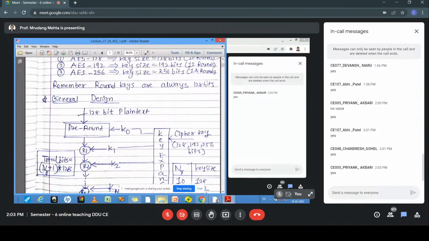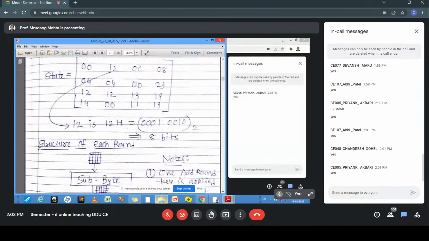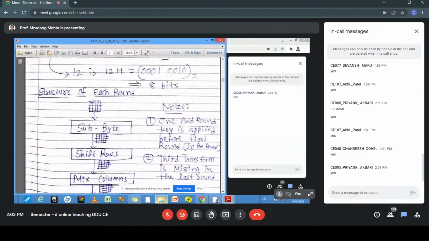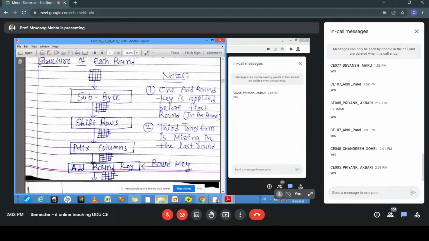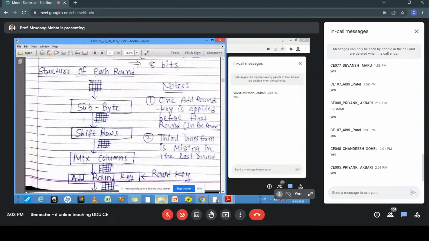The round structure which we are discussing comes after that pre-round, which uses key K0. And the third transform, mix column, is missing in the last round.